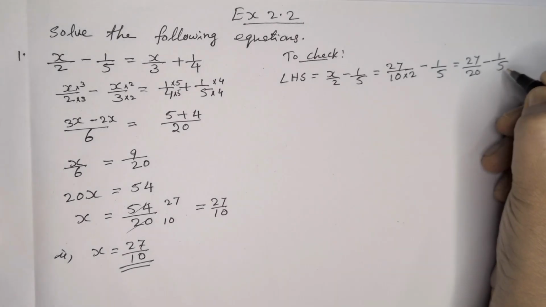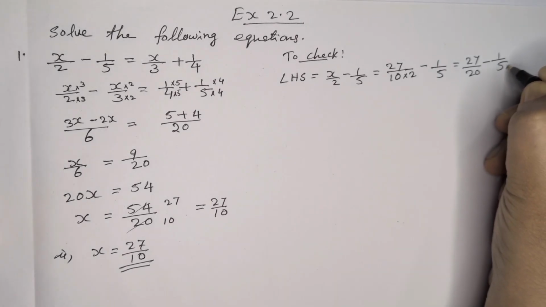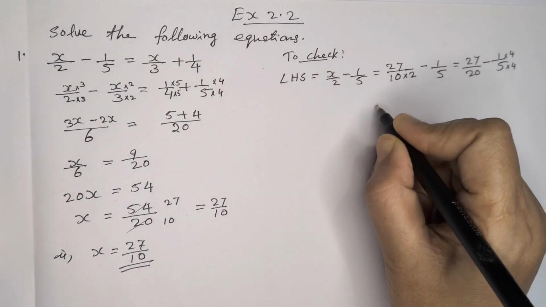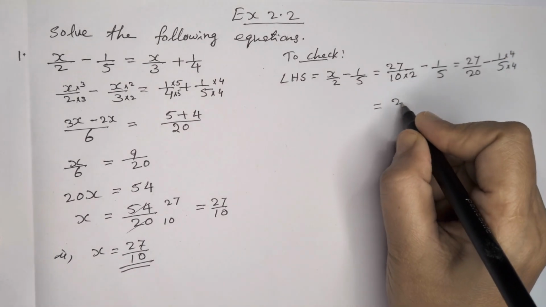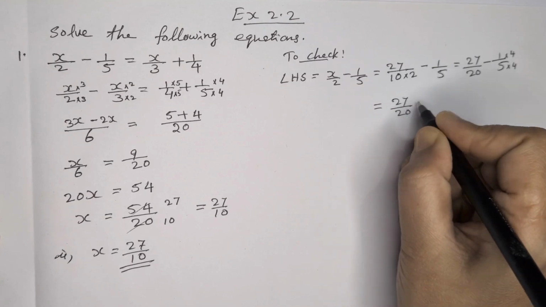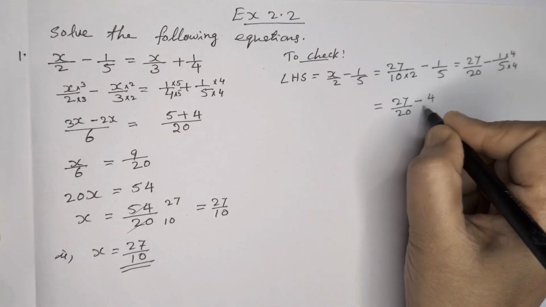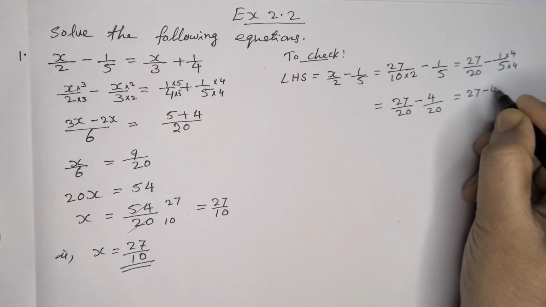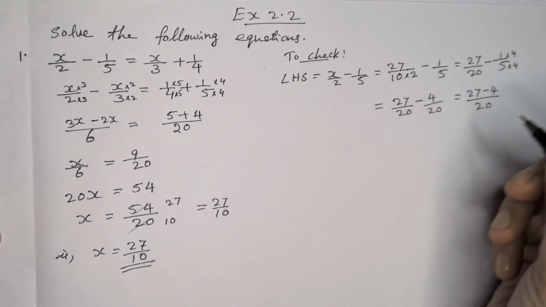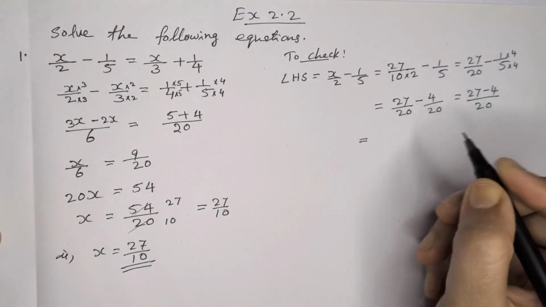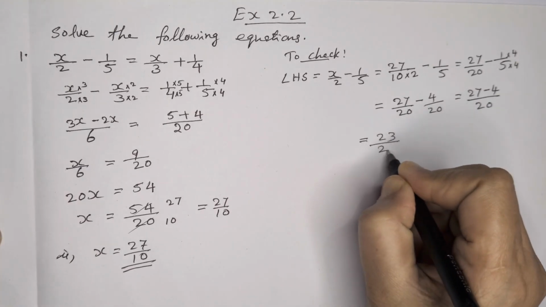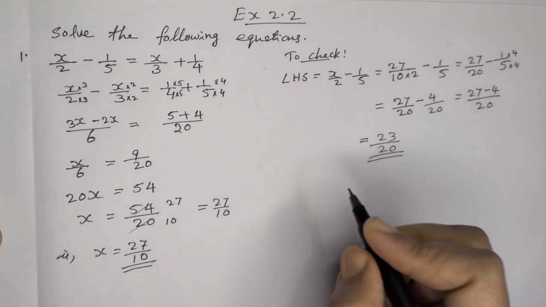We can make this also as 20 by multiplying with 4. So here we are getting 27 by 20 minus 4 by 20 is equal to 27 minus 4 by 20. That is equal to 23 by 20. It's the left side answer.